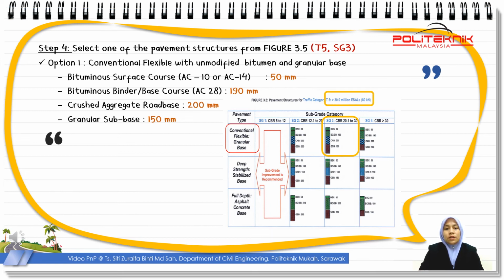Bituminous binder or base course AC28 is 190 mm. Crushed aggregate road base is 200 mm. And lastly, granular subbase is 150 mm.